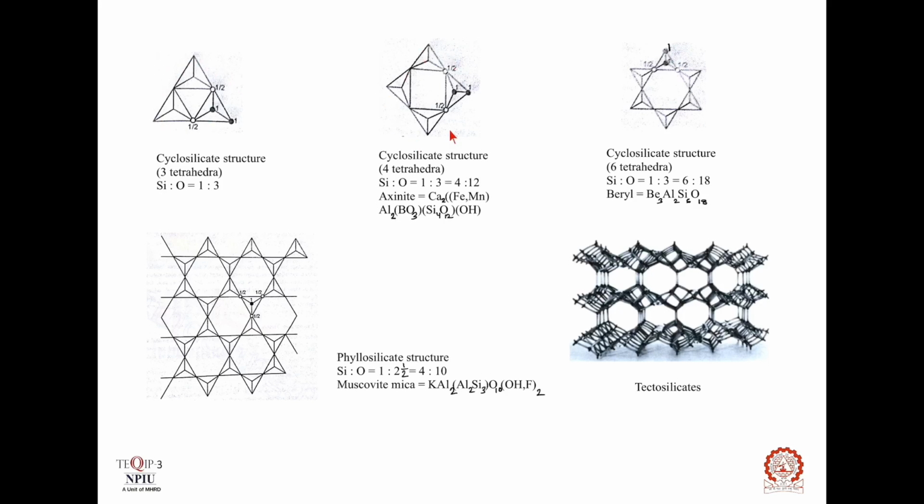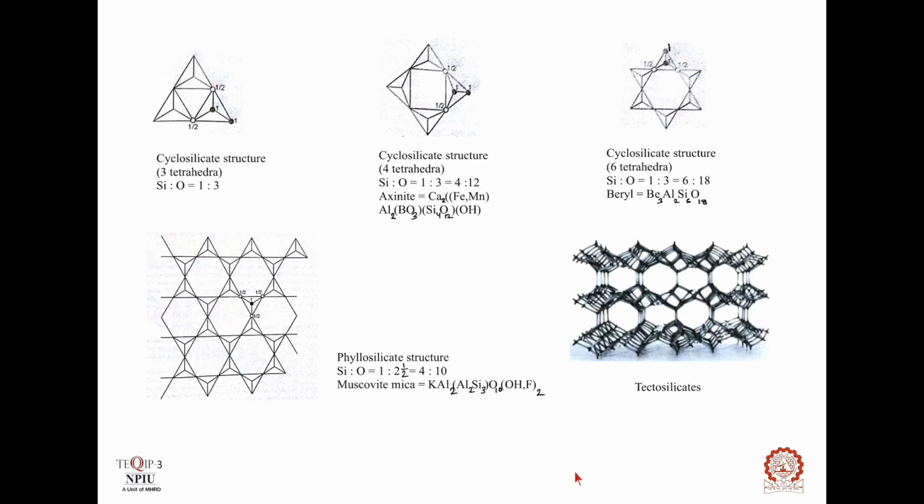Here 4 silicate tetrahedron units. Here 6 tetrahedron units. The ratio between silicon and oxygen in all these 3 types of cyclosilicate structure is 1:3. It means 2 oxygen atoms will be shared between the silicate tetrahedra here. So for one silicon atom there will be 3 oxygens.